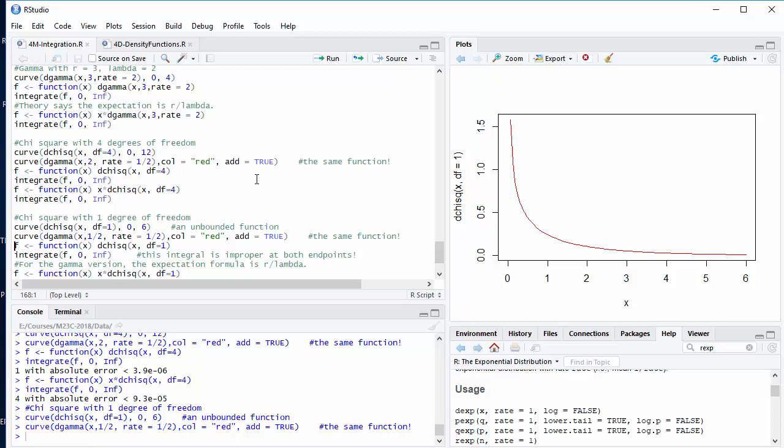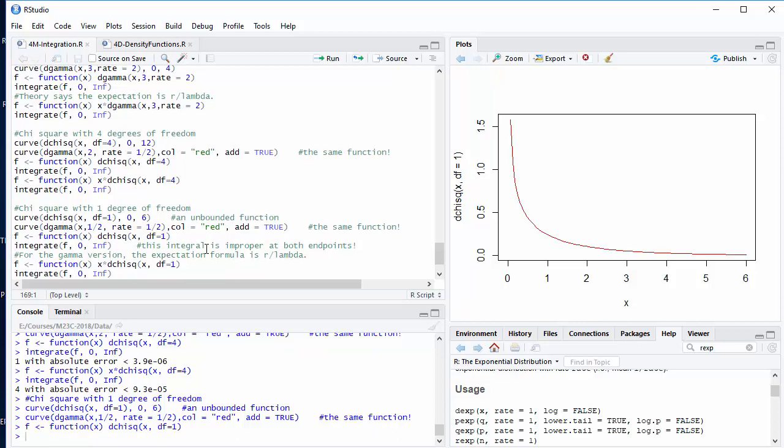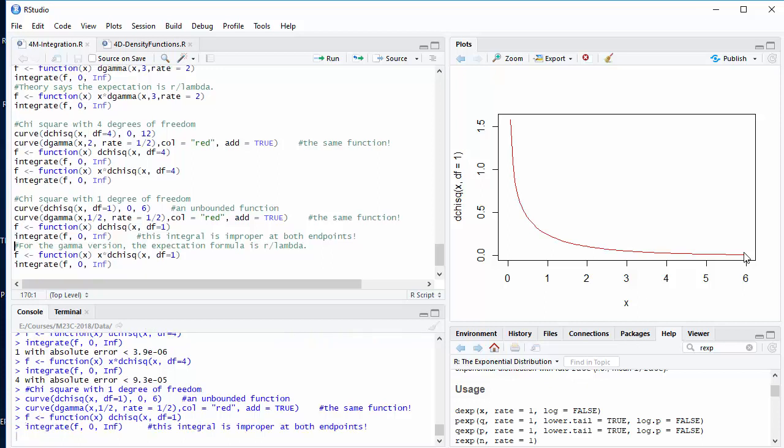There's the gamma distribution for a parameter of 1/2. It's the same function. So I will define a function f that I can pass to integrate. Now this is a challenge for R's numerical integration routines. This is no Riemann integral. This integral is improper because the function blows up here. It is improper because the upper limit of integration is not finite.